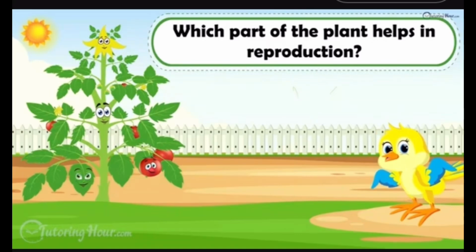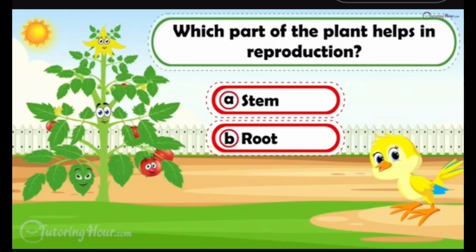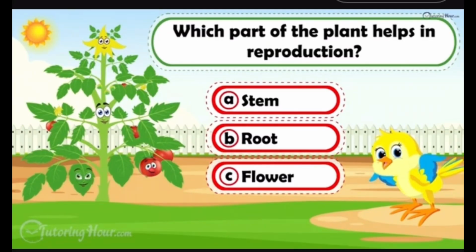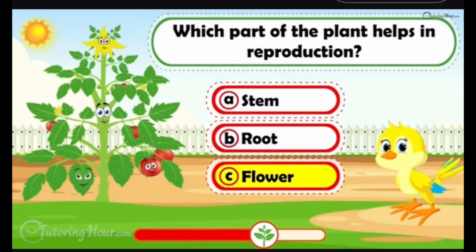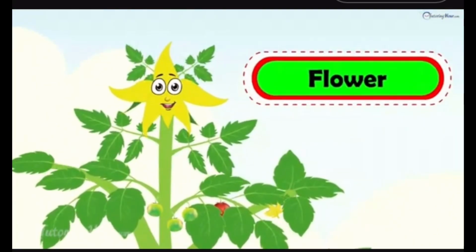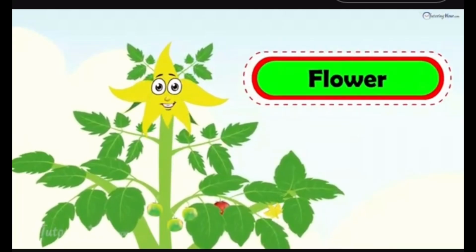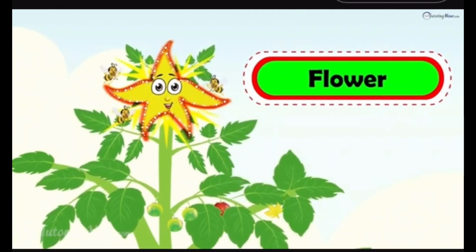Which part of the plant helps in reproduction? Is it A, stem, B, root, or C, flower? Of course it's me, the flower. I help plants reproduce by attracting insects for pollination with my colorful petals and fragrance.